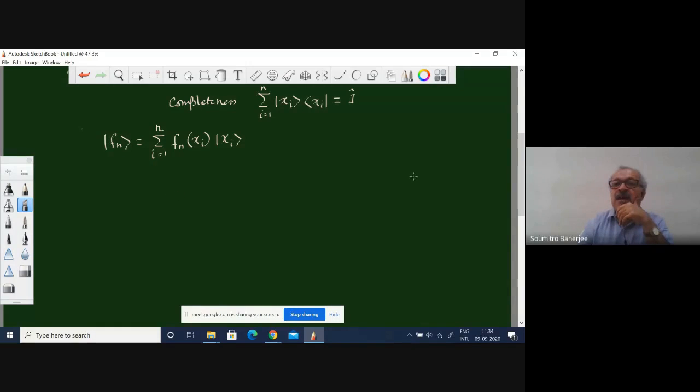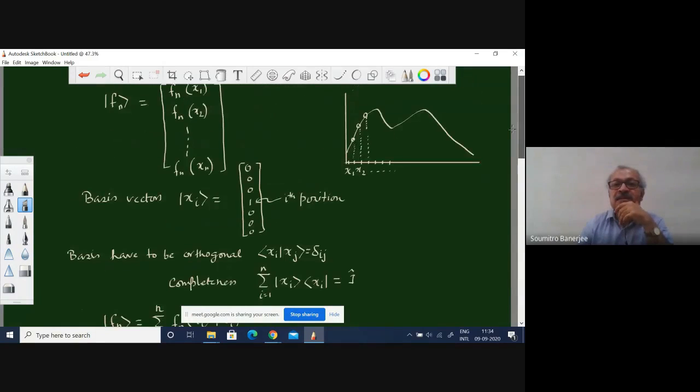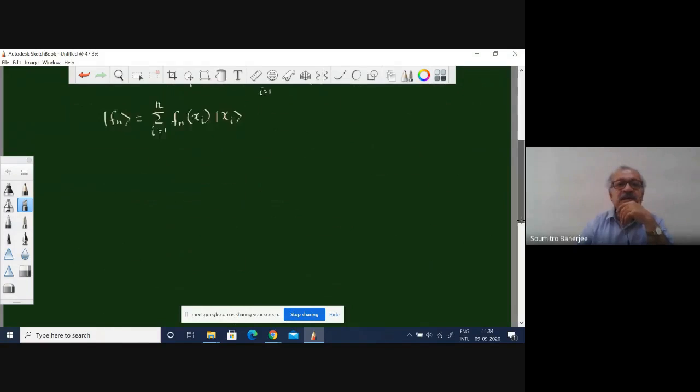And suppose we have one function like this, and another function like that. Say, let me draw another function, something like this. This also is expressed at these positions, and then we are trying to write the inner product.